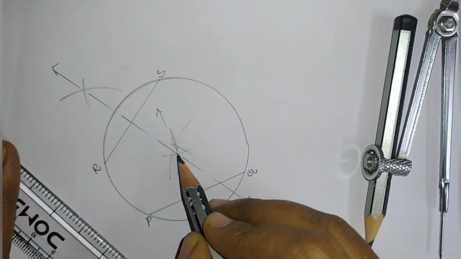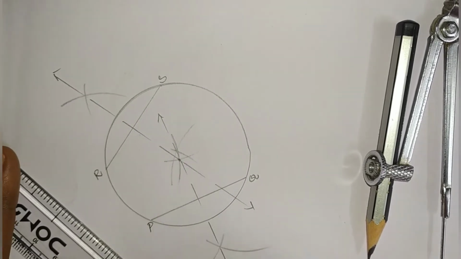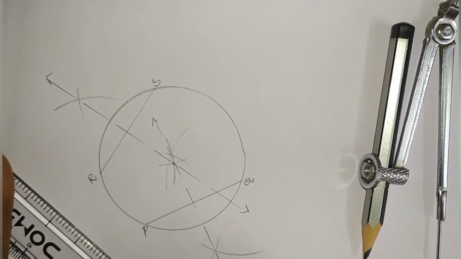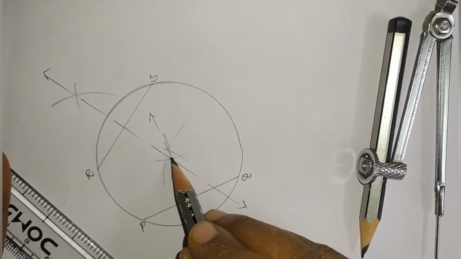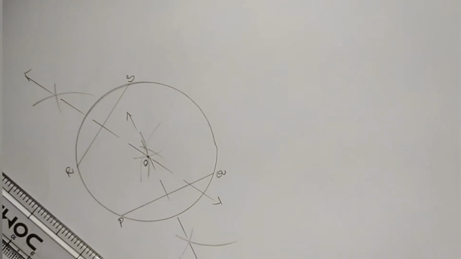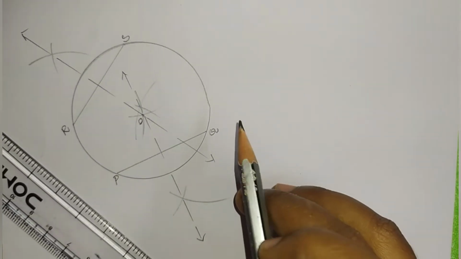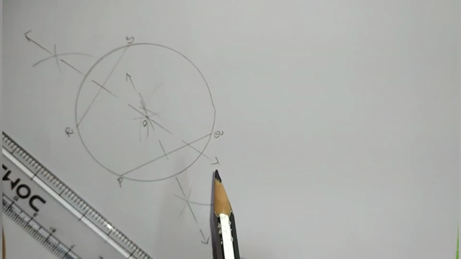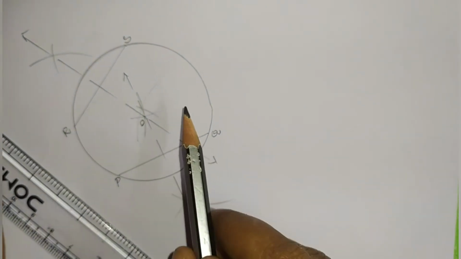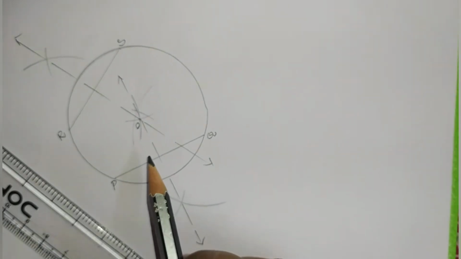So which one is the center? The meeting point of the two perpendicular bisectors is the center. So this is O, the center of the circle. Draw the perpendicular bisectors for PQ and RS such that they intersect at O. Therefore, O is the center of the given circle.